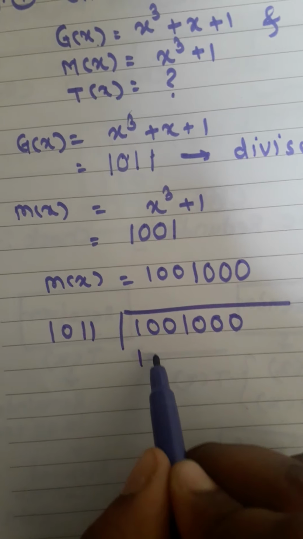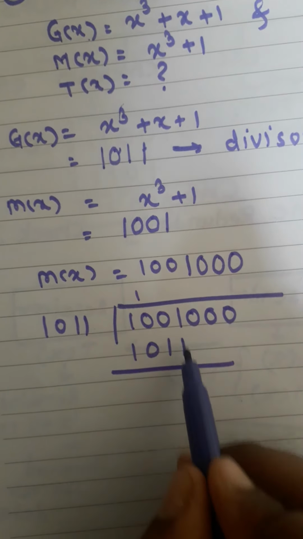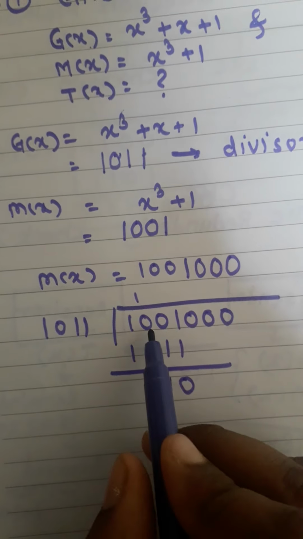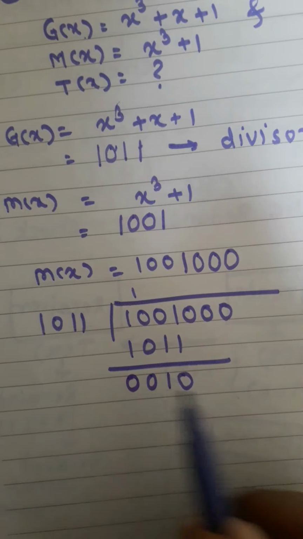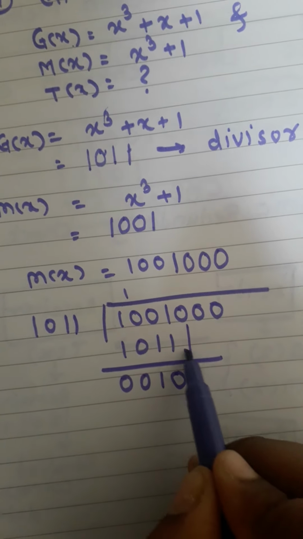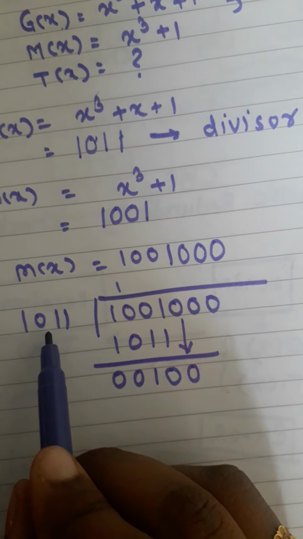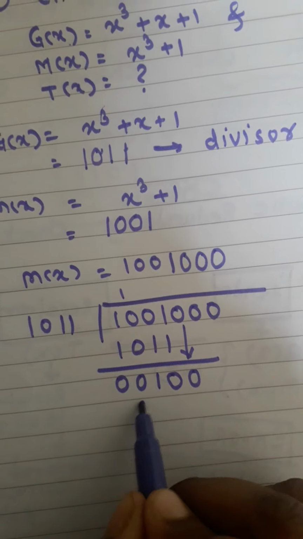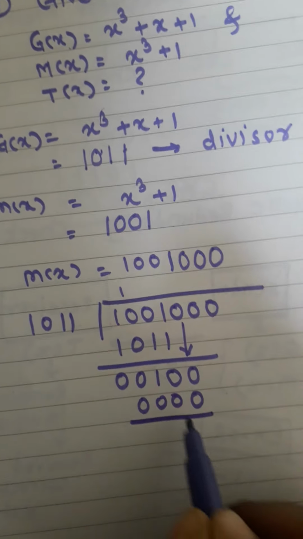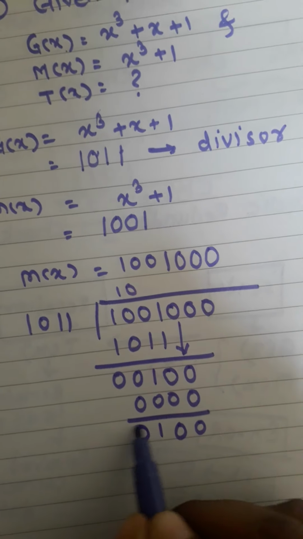Fine. 1011. 11 will be 0. 01 will be 1. 00011 will be 0. Right? I am going to take this 0 down. So 0100 is less than this 1011, so I am going to put 0 here. Okay. 000010.